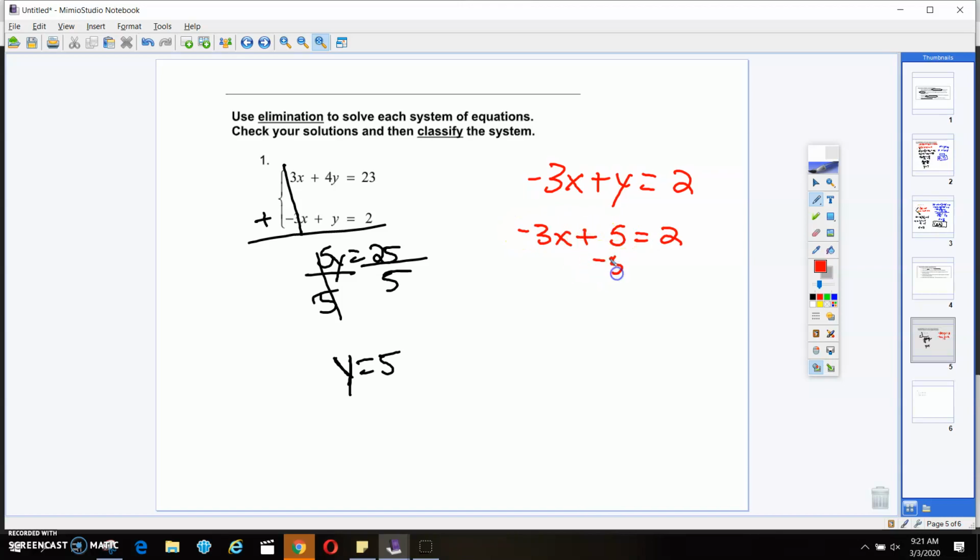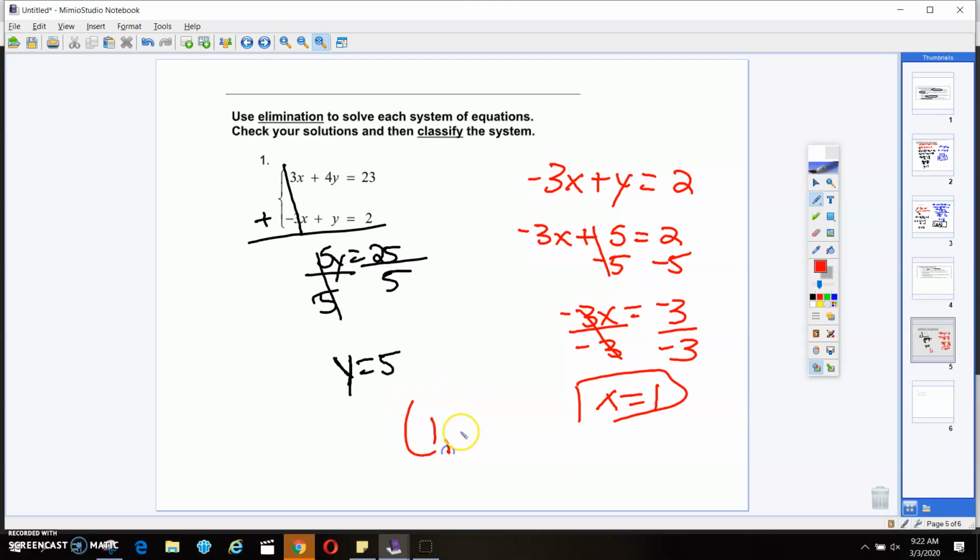So I'm going to subtract 5 from both sides. Negative 3x equals negative 3. I'm going to divide by negative 3 on both sides. And x is going to equal 1.